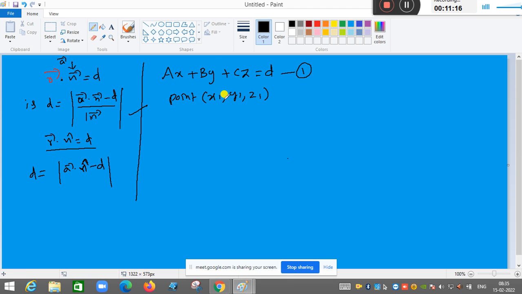So from this point to this plane, that distance is ax1 plus by1 plus cz1 minus d by root of a square plus b square plus c square. Right. So that is the distance.